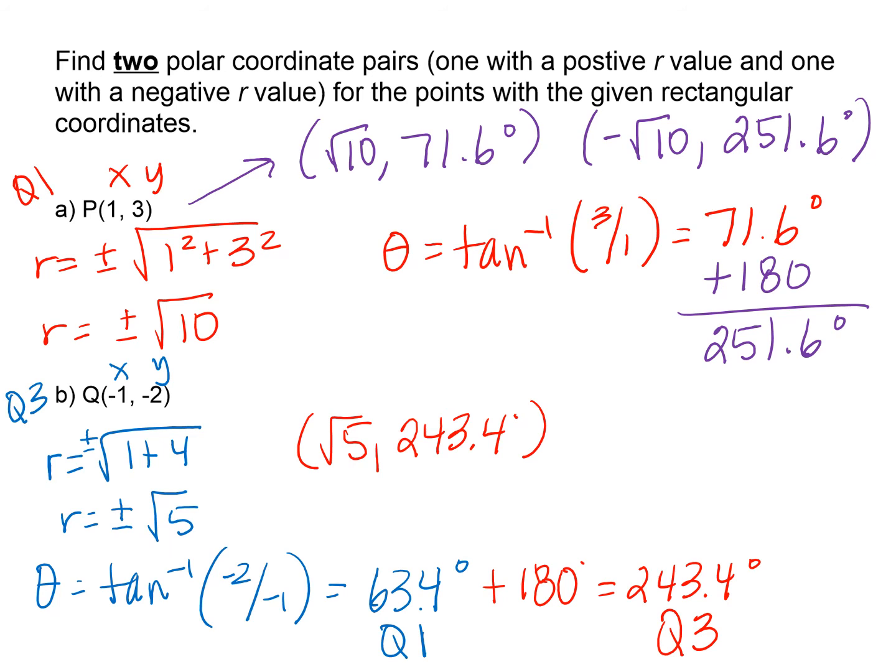For the negative r value, I can use the angle that I got when I typed in inverse tan, because a negative r value would be going away from 63.4 degrees. And so now, if I plotted those on polar graph paper, both of those polar coordinates would give me a point in quadrant 3.